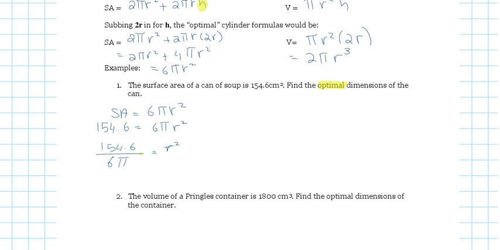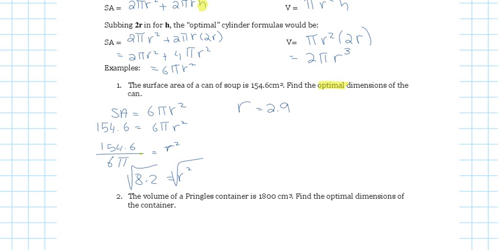Yep, 8.2. And then you square root it. And that's going to be 2.9. So I found the radius of my cylinder.